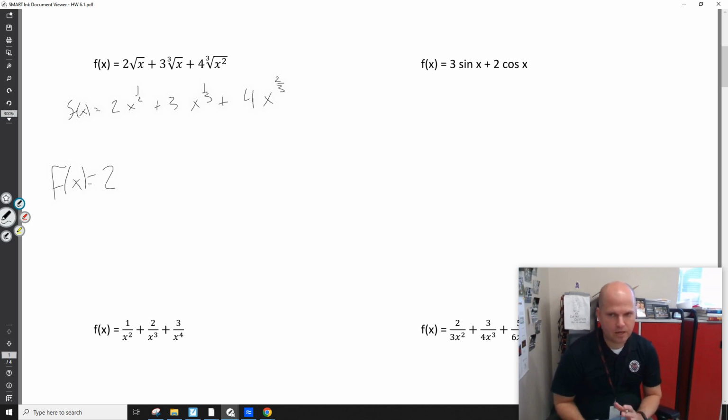Don't try to figure this out by yourself. It might be too complicated. Add 1, multiply by the reciprocal. Okay, or divide by 3/2, multiply by 2/3. That becomes 4 thirds x to the 3/2, or 4/3 square root of x cubed, which we don't need, but we know that it's equivalent to.